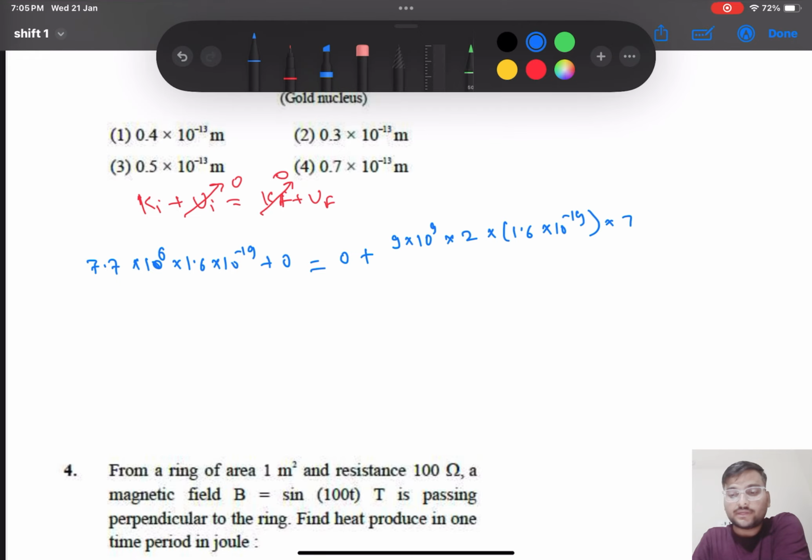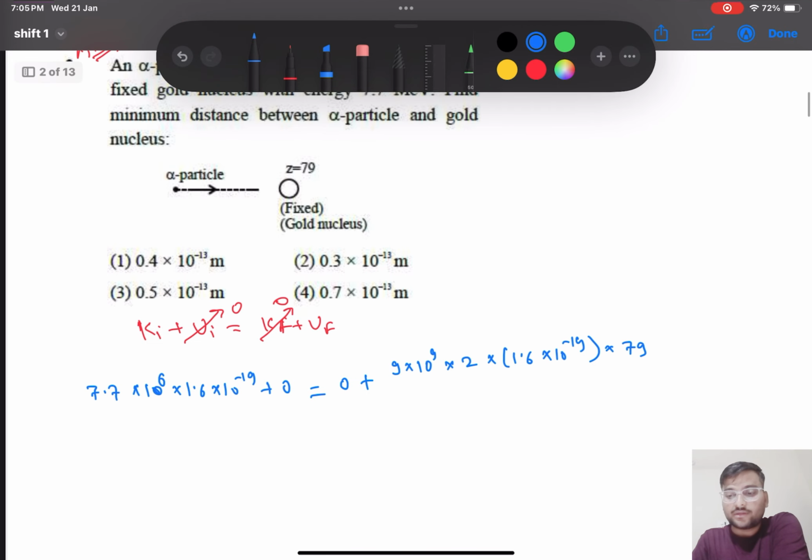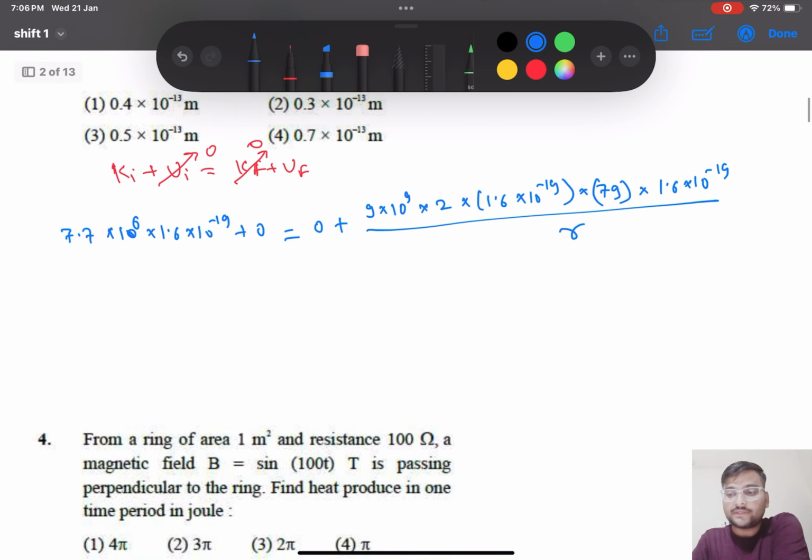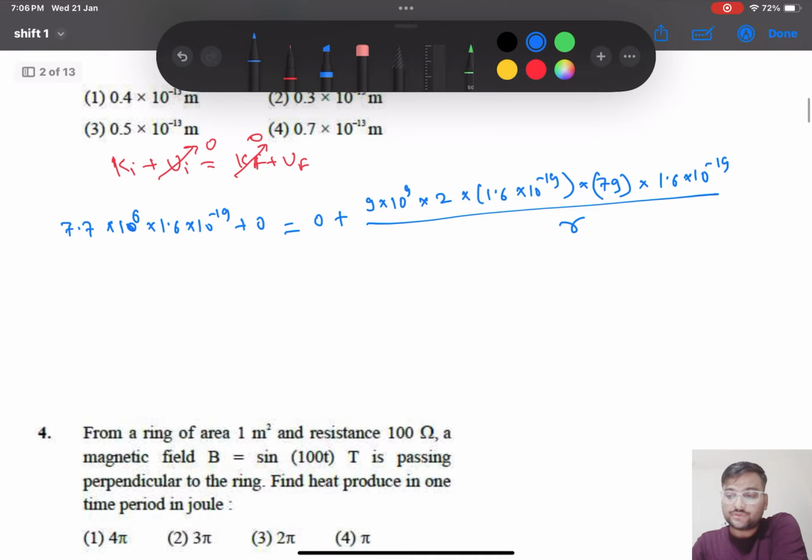The final potential energy will be k q1 q2 by r, that is 9 into 10 power 9 into 2 into 1.6 into 10 power minus 19 into 79. That is gold, the Z value is given to you, into 1.6 into 10 power minus 19 divided by r. So we have to find the r value here.